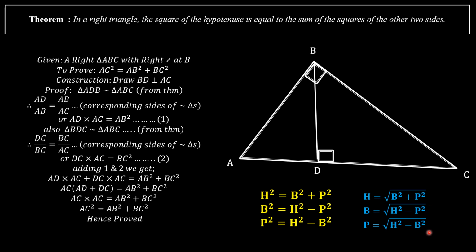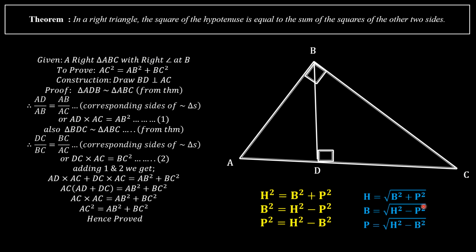So all these equations will be applied in different ways in different questions where we need to find h, b, or p accordingly. And this Pythagoras theorem, this property of the right triangle, will be used in other chapters also. So be very careful in understanding this theorem. It is actually very simple also.